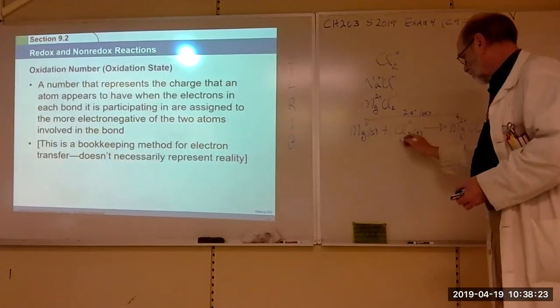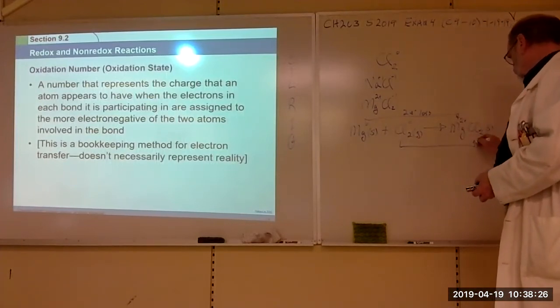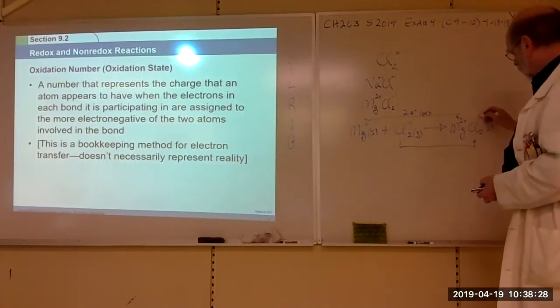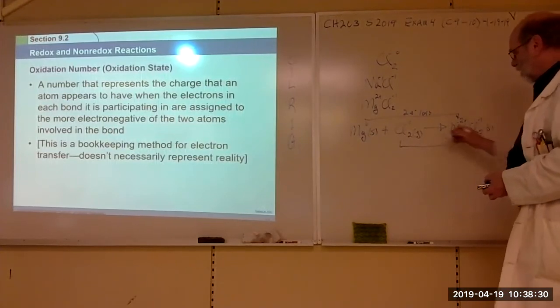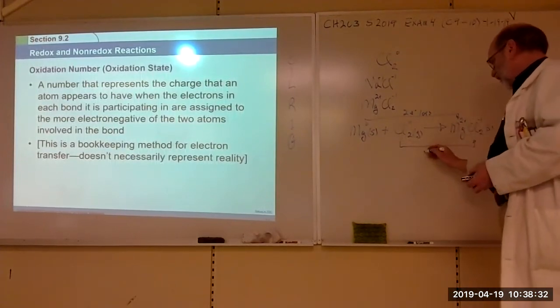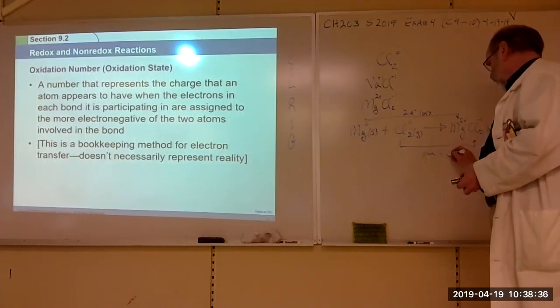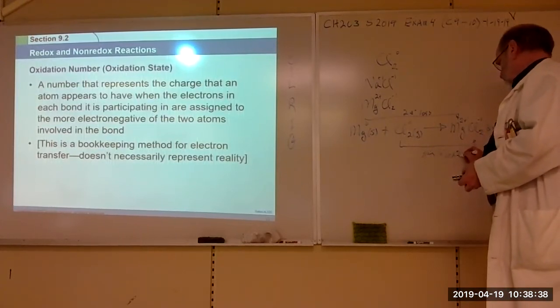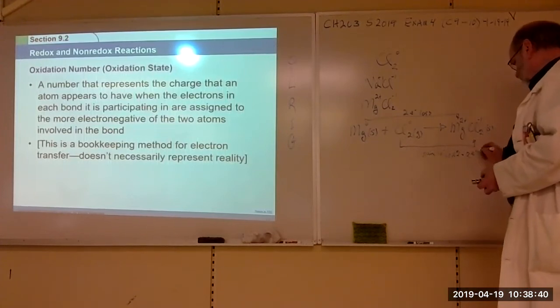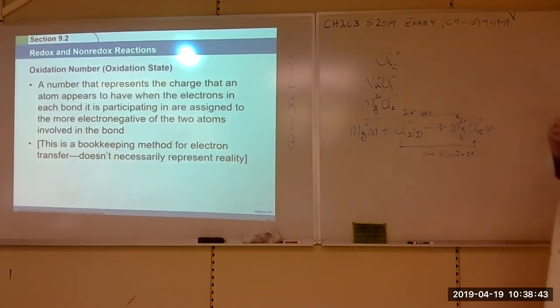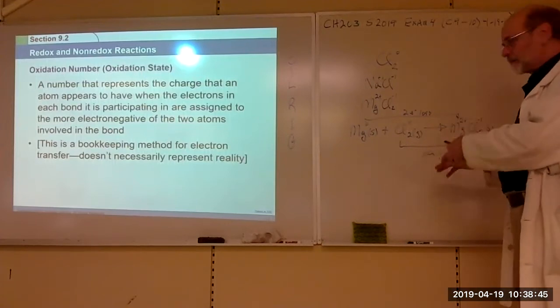How about this one? The chlorine is -1, but it's 0 here. So it had to gain 1 electron per chlorine, or 2 electrons. That's our bookkeeping scheme.